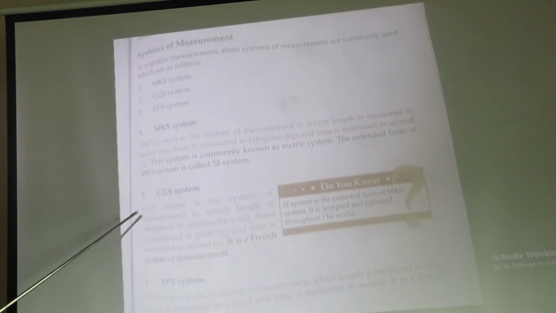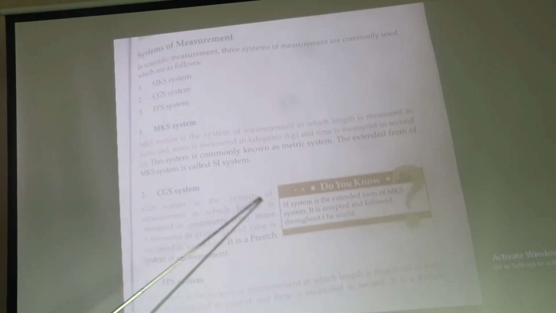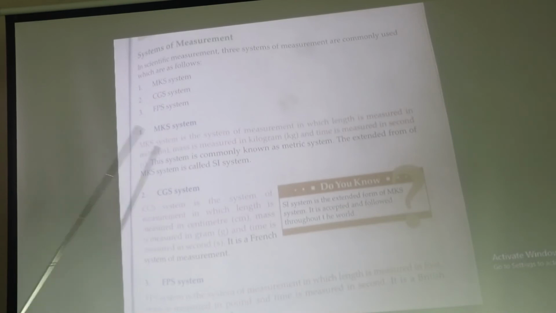But in CGS system, length is measured in centimeter, mass is measured in gram, and time is measured in second. It is a French system of measurement.